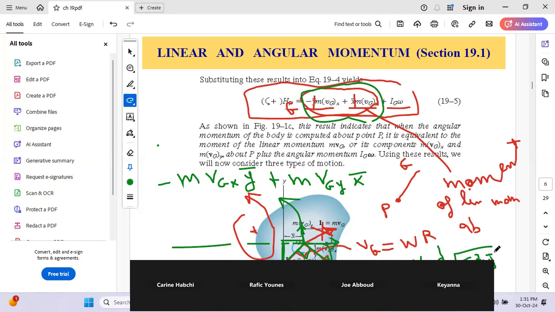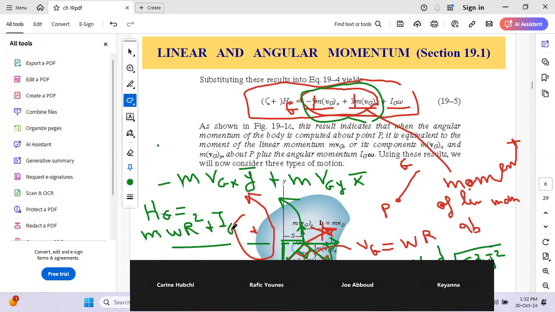So now if you replace VG by omega times r, what will be the value of your angular momentum? The angular momentum about G will be equal to m times omega times radius squared plus Ig omega.